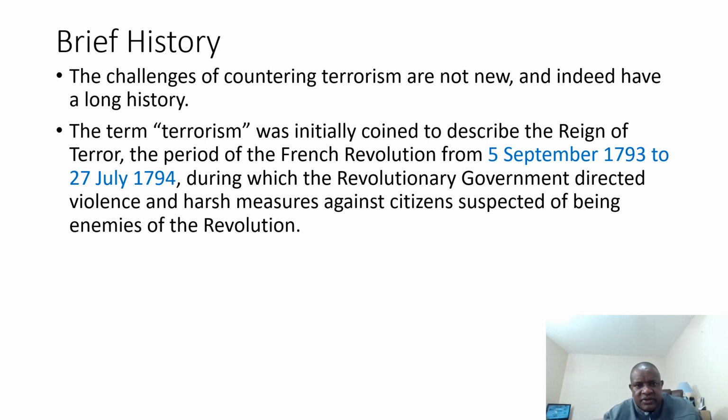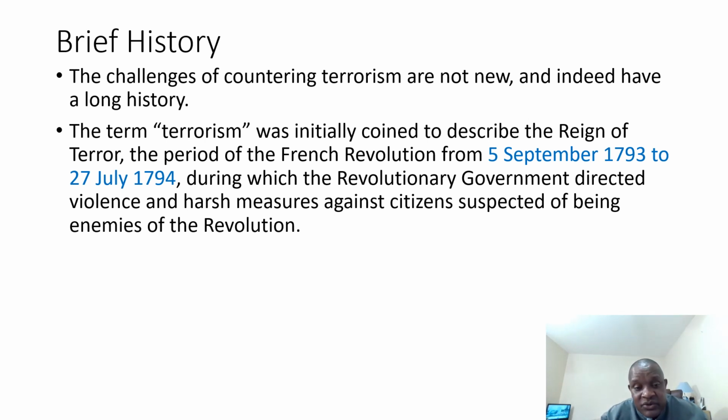The challenges of countering terrorism are not new, and indeed have a long history. The term terrorism was initially coined to describe the Reign of Terror, the period of the French Revolution from 5th September 1793 to 27th July 1794, during which the revolutionary government directed violence and harsh measures against citizens suspected of being enemies of the revolution.